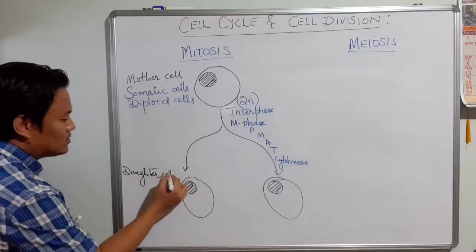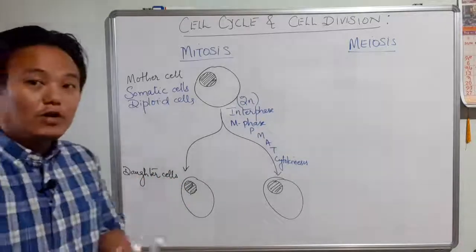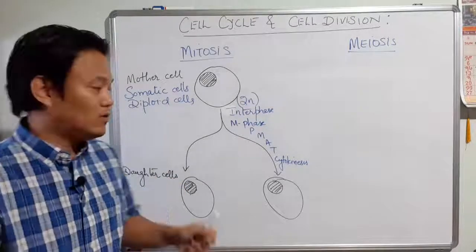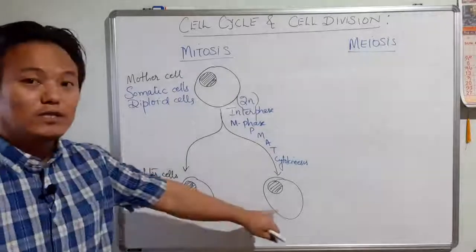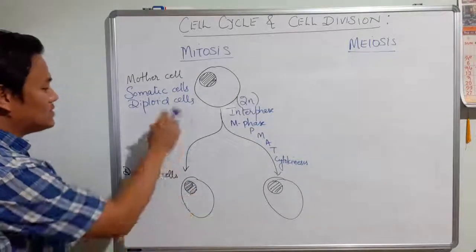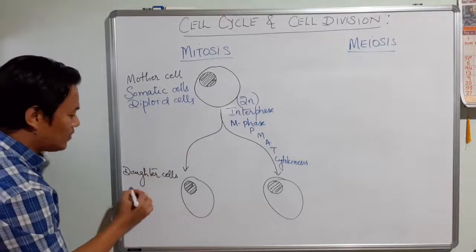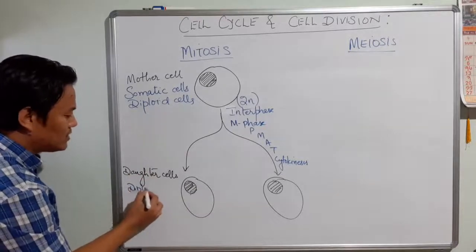Now if we talk about the features of the daughter cells, these two daughter cells are both diploid.